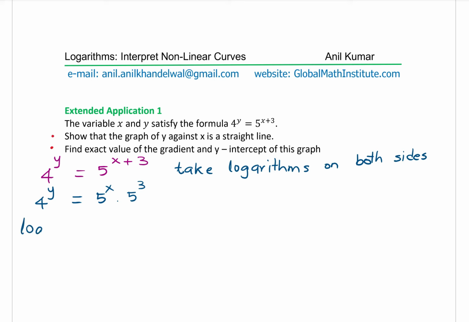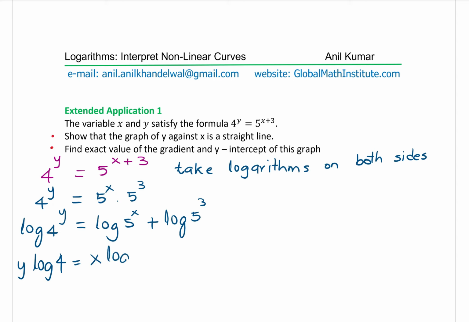We get log of 4 to the power of y equals log of 5 to the power of x plus, because that is a product, log of 5 cubed. You could write this as y log of 4 equals x log of 5 plus log of 5 cubed.